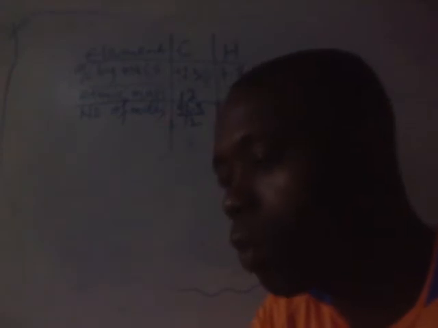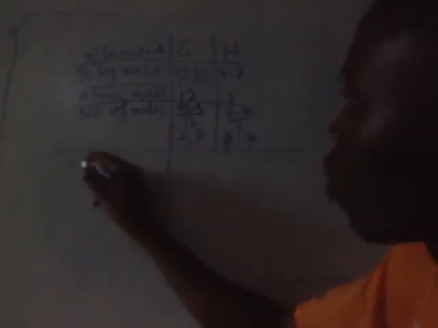Then 7.7 divided by 1 is also 7.7. So that is that for the number of moles. Then we now have the mole ratio.